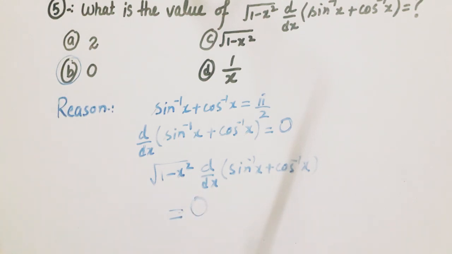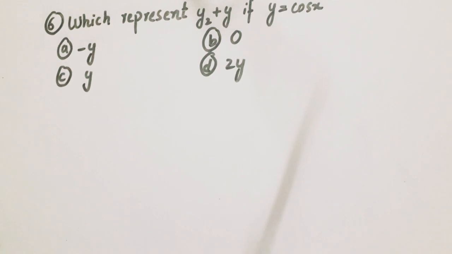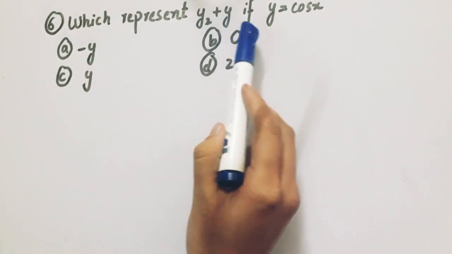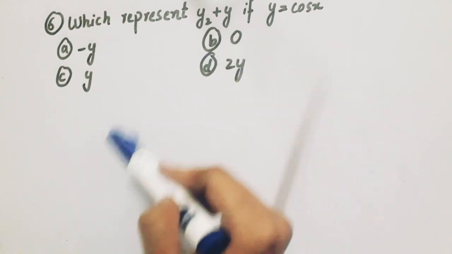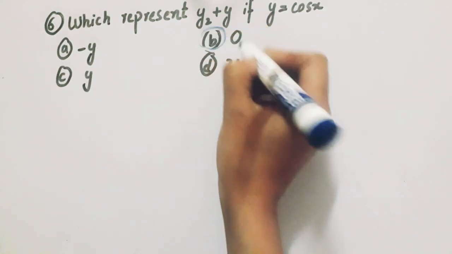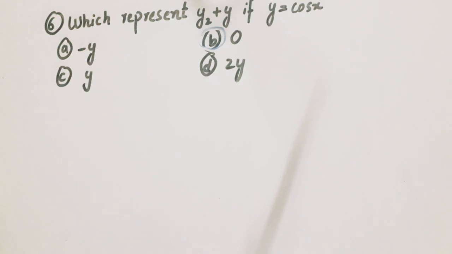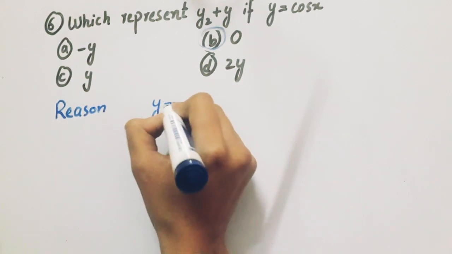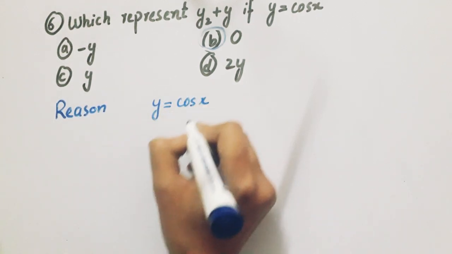Now we will solve MCQ 6. MCQ 6 asks which represents y2 plus y if y is equal to cos of x. The correct option of this MCQ is B, and the reason is as follows. We are given function y is equal to cos of x.